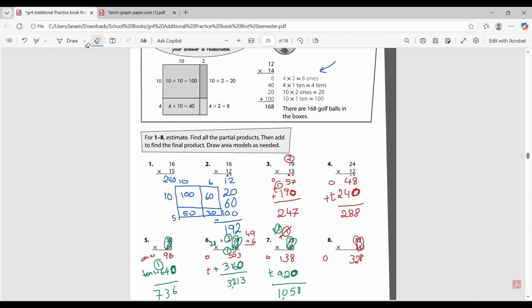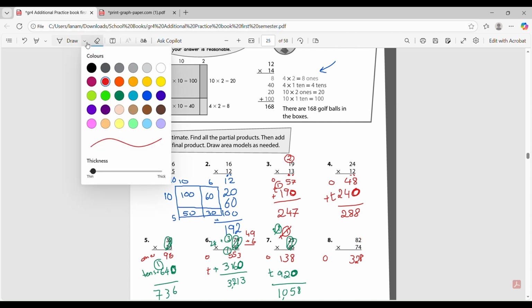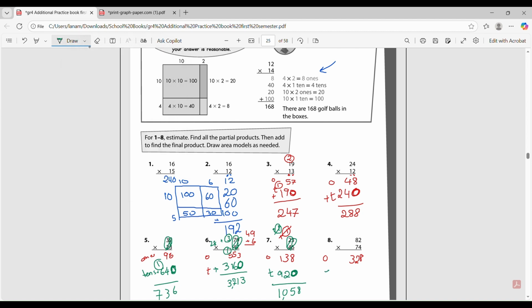Now let's do the heart method with the other number. I'm using another color just to make sure that you understand what I'm doing, because now I am multiplying the tens of the number at the bottom by the ones, then the tens. Because here I'm working with tens, I will add a 0 in the ones place. So 7 times 2 is 14.